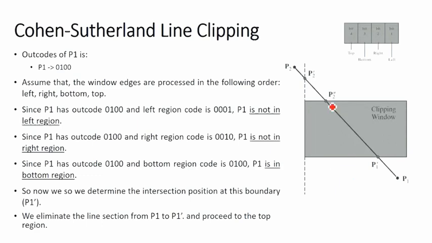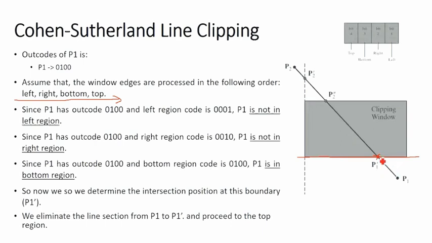Before even calculating the intersection, we need to figure out which region we have to set up an order of evaluation and then see in which region it is there, so that we can clip that point against that region's edge. So if this line is in bottom region, then we have to clip this point P1 with the bottom edge. So that we do.